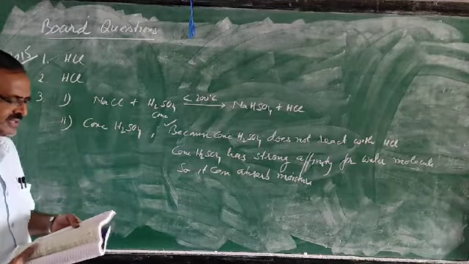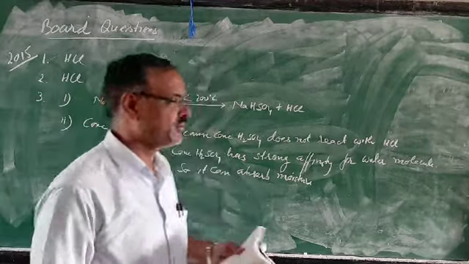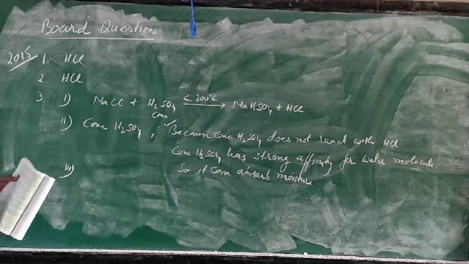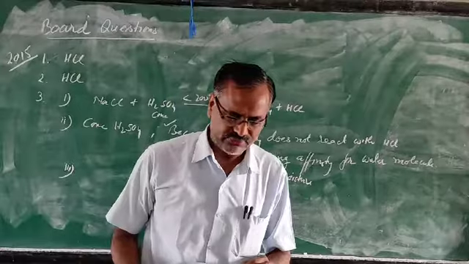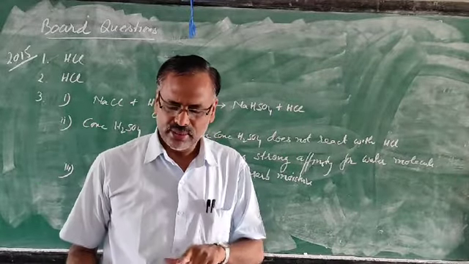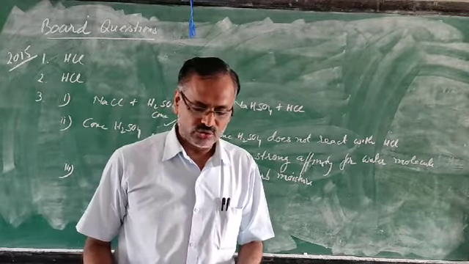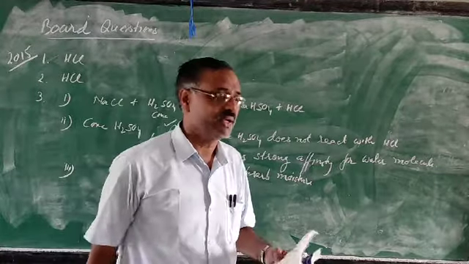Then the third point: state a safety precaution taken during the preparation of hydrochloric acid. Many students were confused when this question was asked, because the first two questions are related to hydrogen chloride gas, but this one is related to hydrochloric acid. So what is the safety precaution? We use the funnel arrangement.